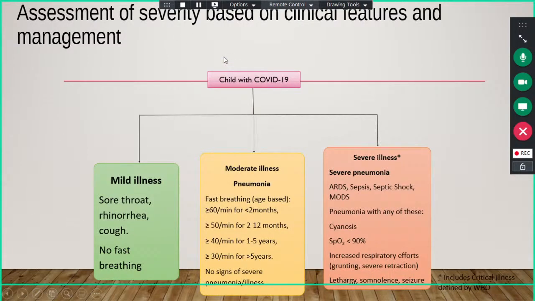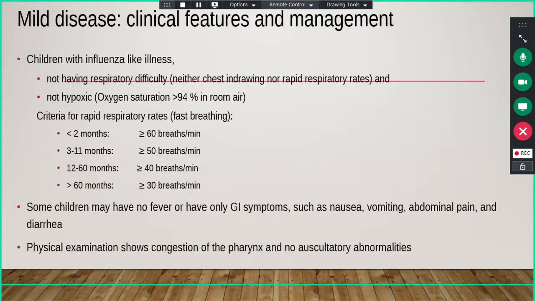So how to manage? First and foremost, we decide the severity of disease, whether it is mild, moderate, or severe, and depending on that, we can take a decision whether the patient can be managed at home or requires hospitalization in ICU or in a ward of a COVID hospital.